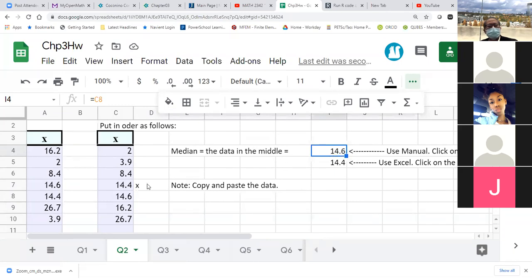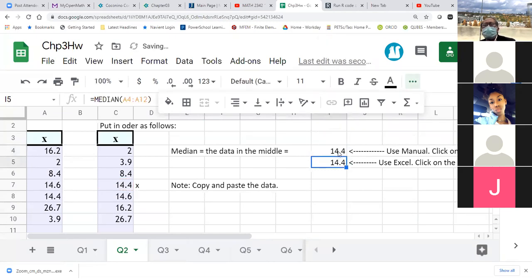Yeah, I should click this one here. Okay. Yeah, so this one should be C7. Okay, no, check it.